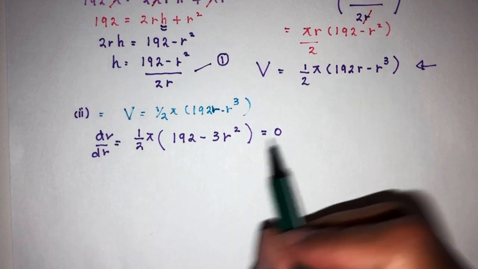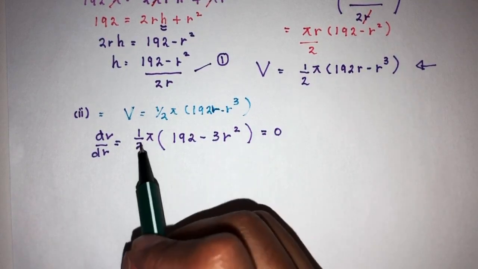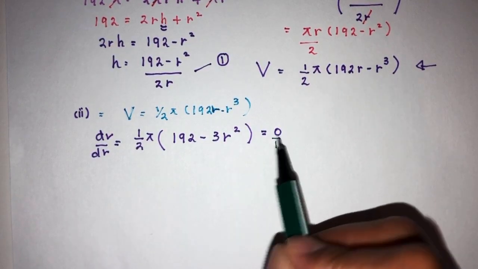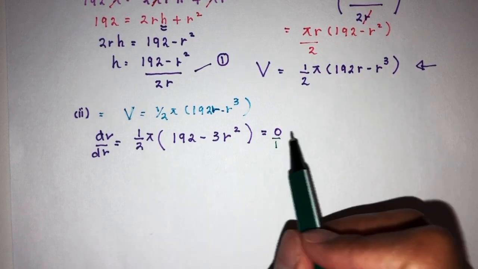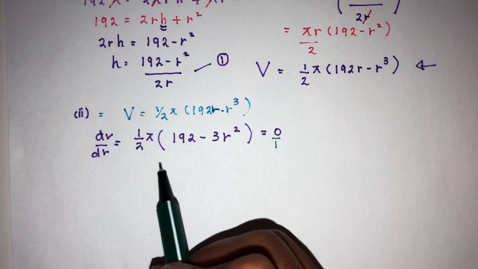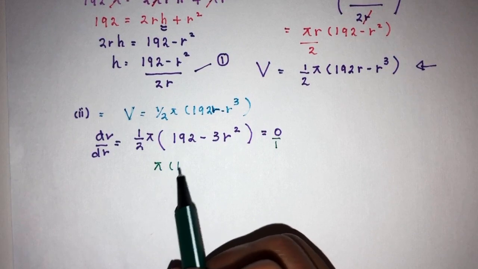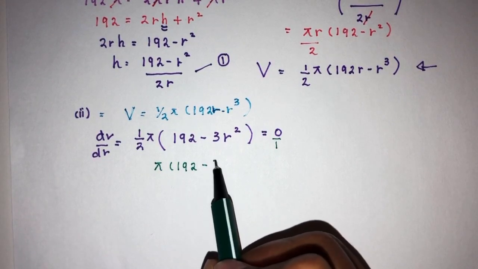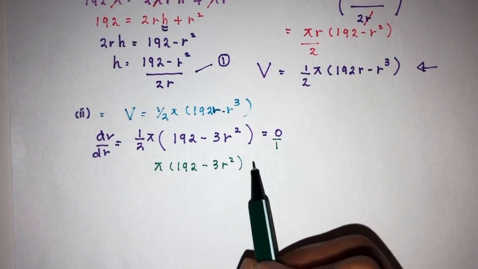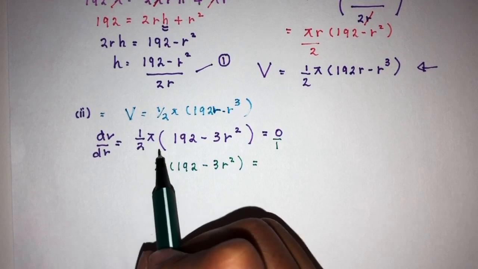Now we can just send this over, so cross multiply, for example. So 2 times 0 will be 0. So we have pi (192 minus 3r squared) equal to 0, because we have sent the 2 up here.